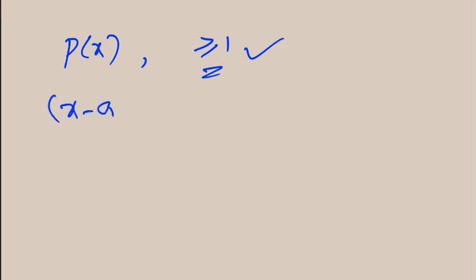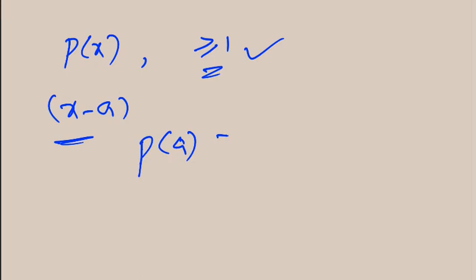Now coming to the definition of factor theorem. When p of x is any polynomial, and here any polynomial means the degree of the polynomial must always be greater than or equal to 1, and it is divided by x minus a, a linear polynomial, then the remainder, how can we find it?